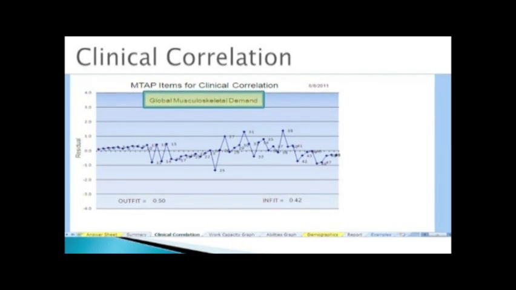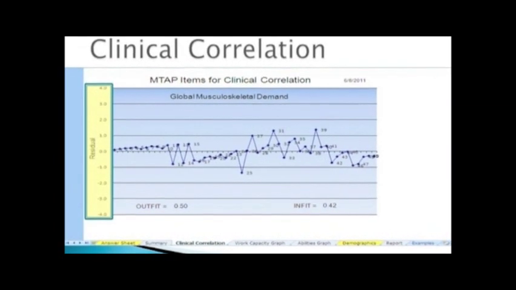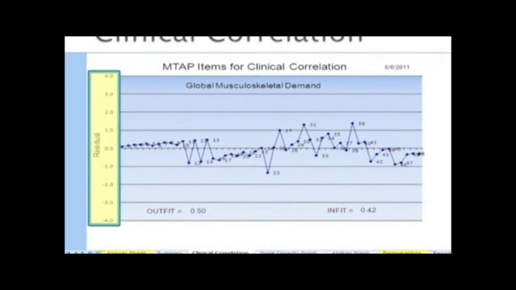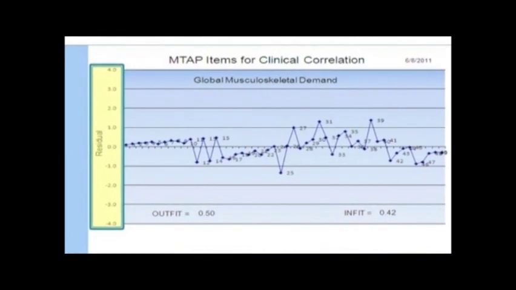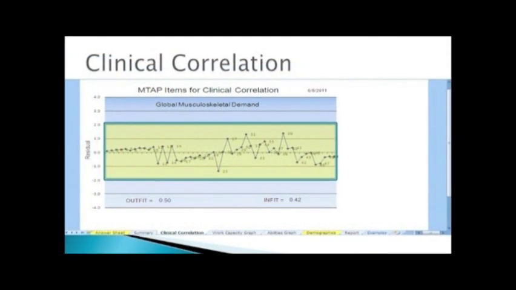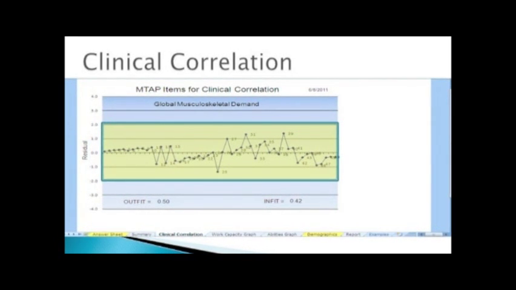The clinical correlation graph shows us the variance from expected, up or down, high or low. This is expressed as a residual score for each item. The residual scores range from about -4 to +4. In clinical practice, residual scores typically range between -2 and +2 for a simple case.